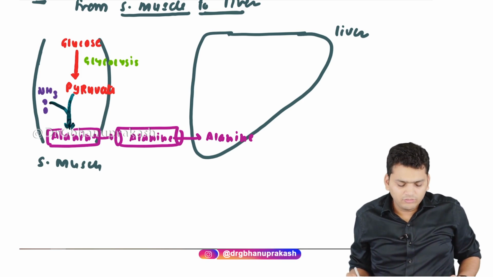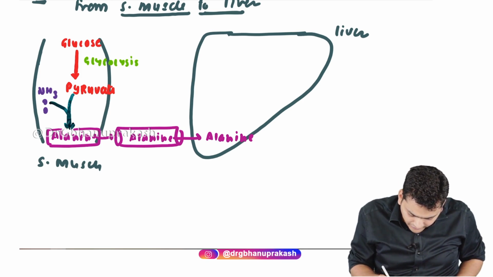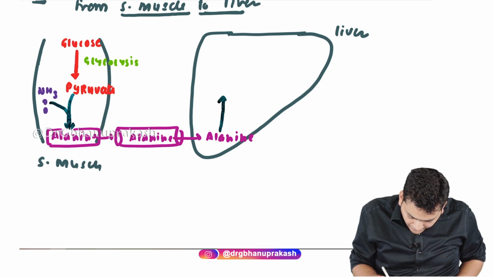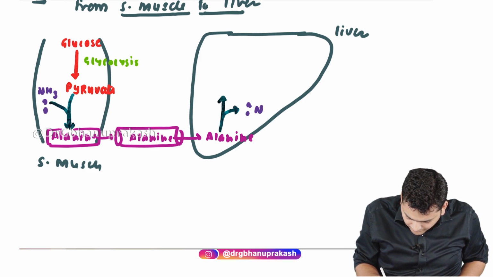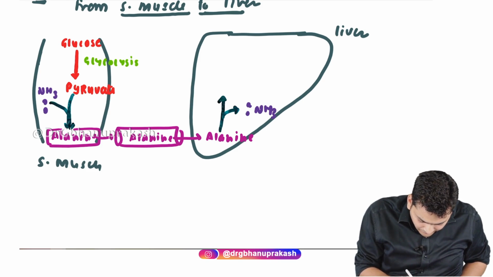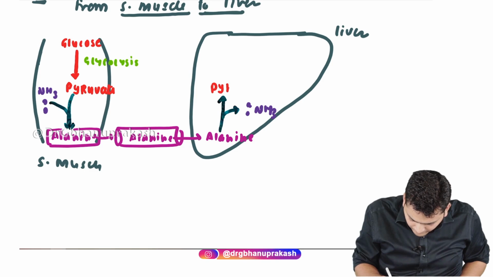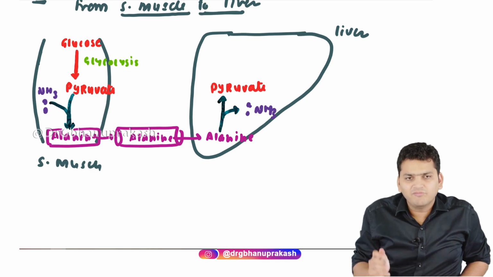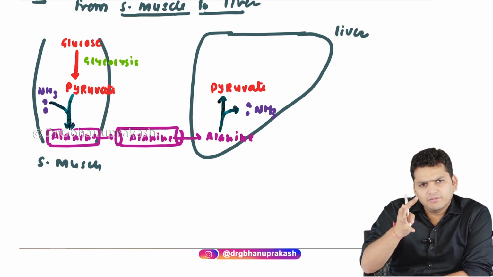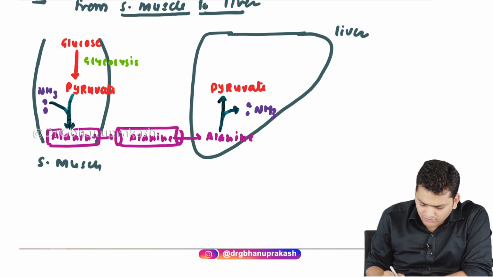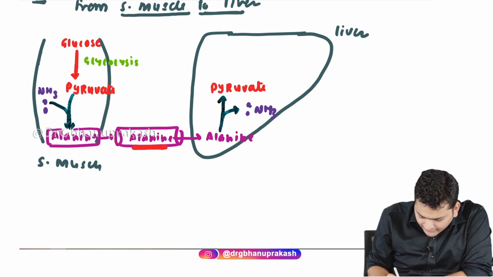Once this alanine molecule reaches the liver, it will again break into the two parent molecules. One is the ammonia and another is the pyruvate. So you can see that we have transported the ammonia from the skeletal muscle to the liver via alanine.